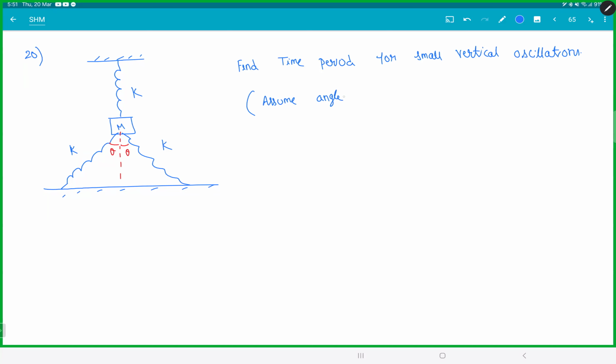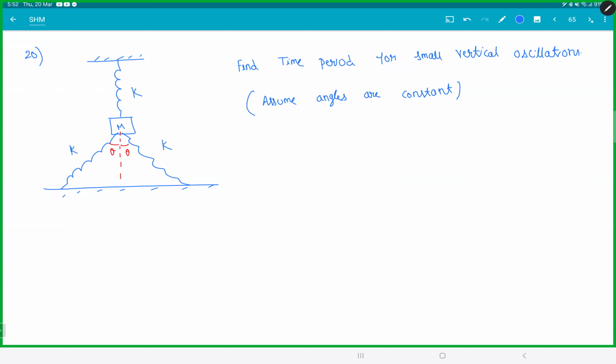So you need to understand why sometimes small is written, sometimes it is not written. If you pull too much, angles will get messed up. We don't want that. Maybe they will change from 60 to 59.9, something like that. So negligible change. How do you do this?